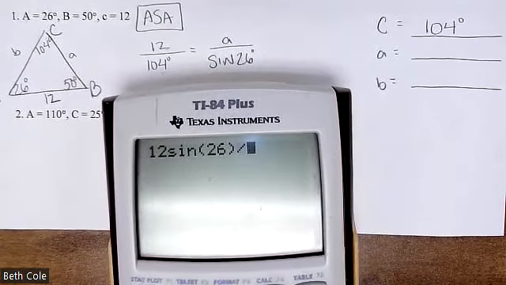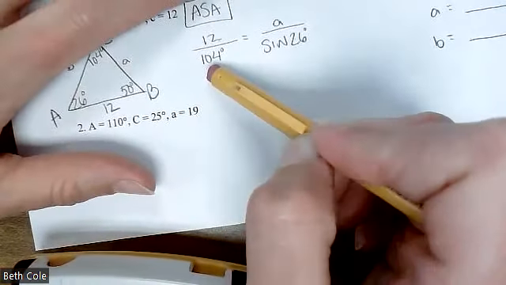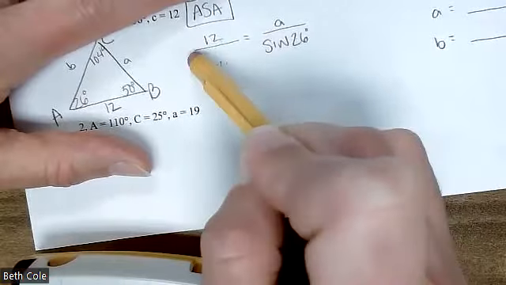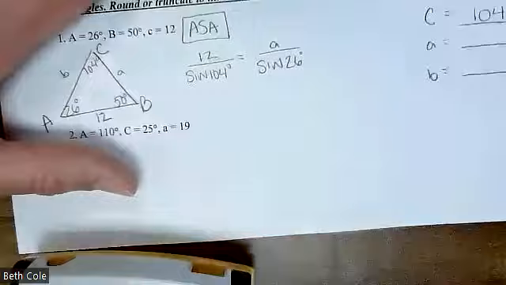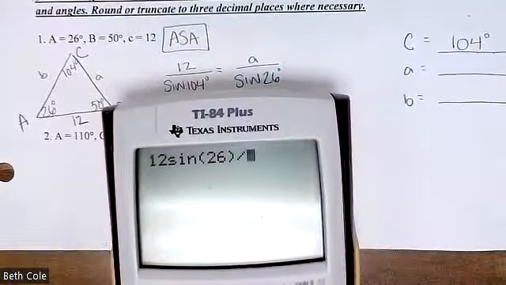And then divided by, oh my gosh, I wrote something wrong. I'm so sorry. What did I forget right here? It can't just be 104 degrees. It has to be sine of 104. I'm so sorry. It's the law of sines.